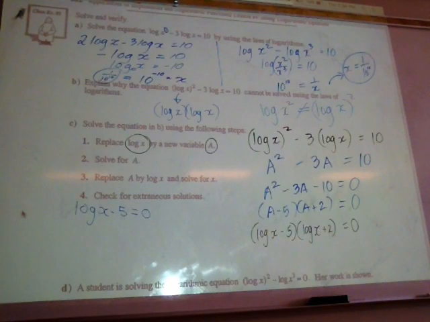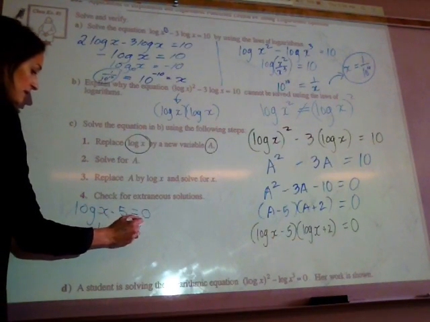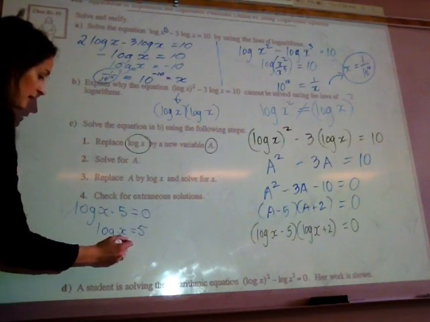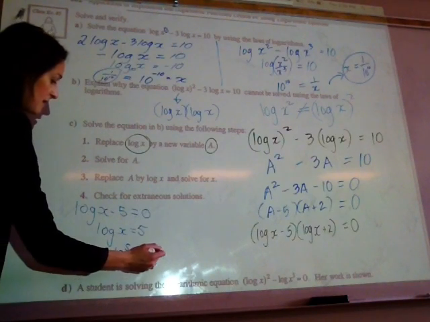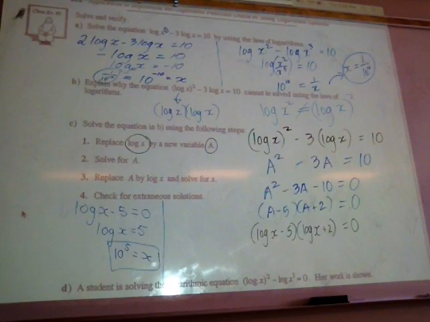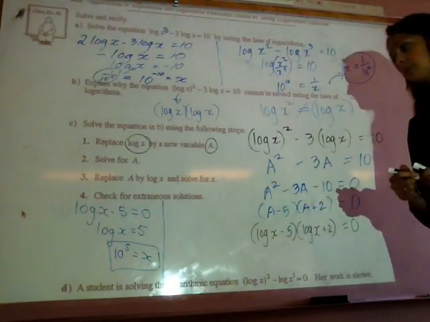We can add 5 to both sides and we get log x equals positive 5. Convert to exponential form and we get 10 to the power of 5 equals x. So we've solved for one solution. And now we need to solve for the other one.